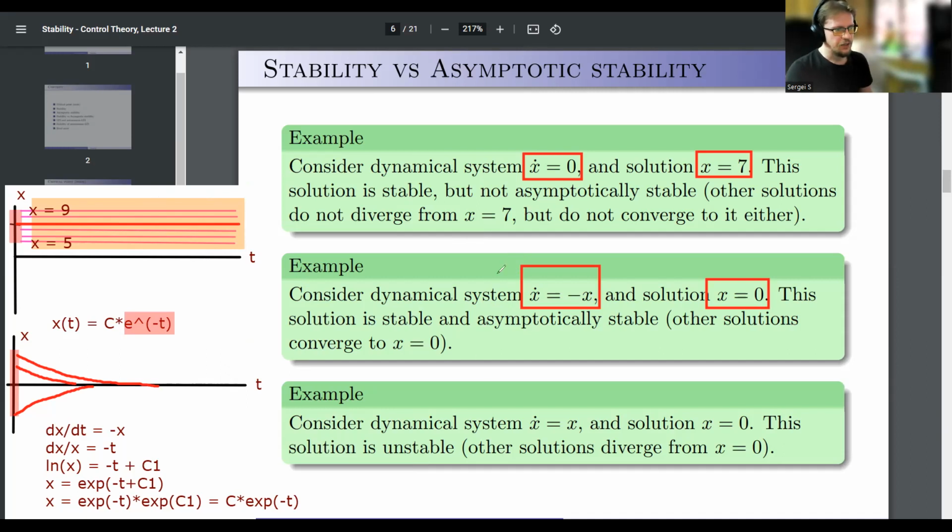All right, last example. Consider the system x dot equals x. You have solution x equal to 0. The solution is unstable. Why is it unstable?